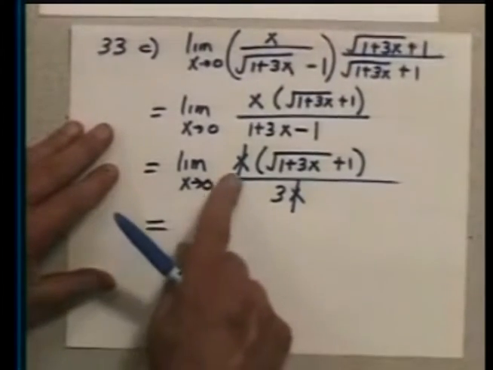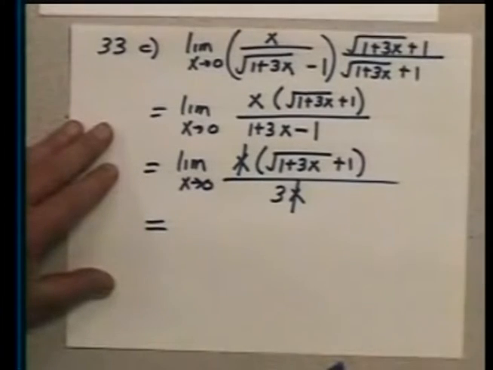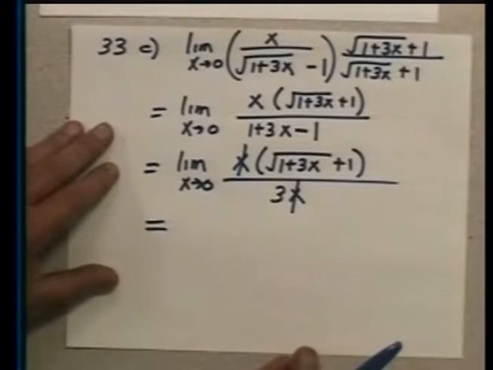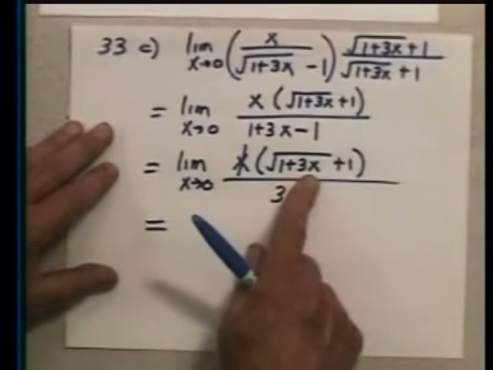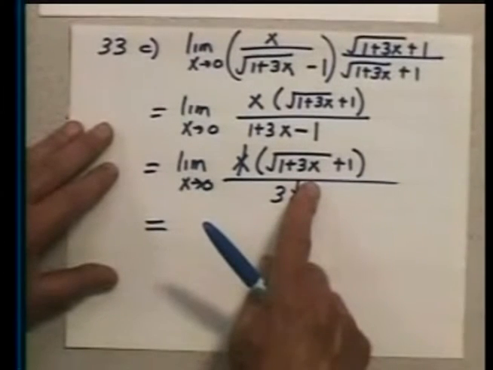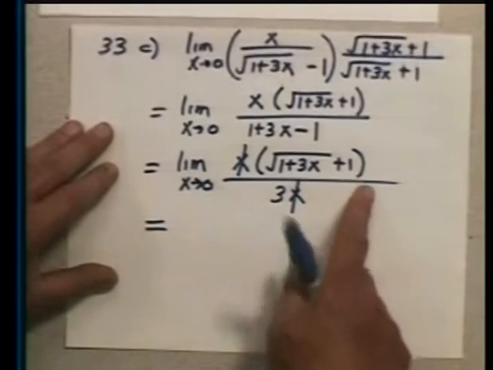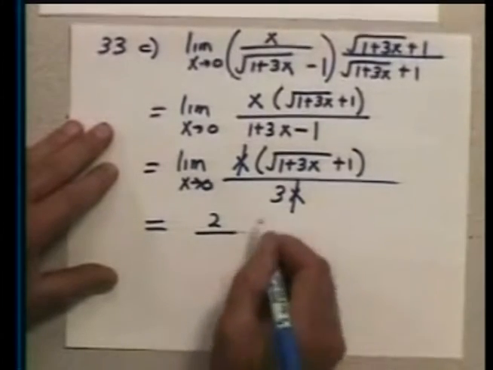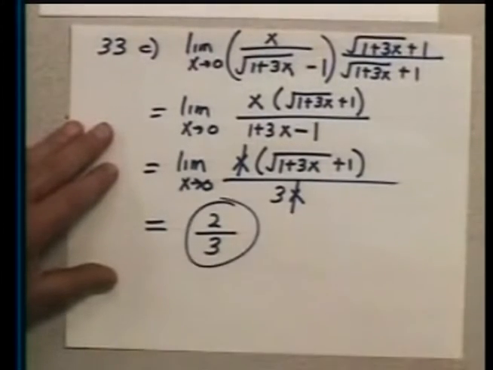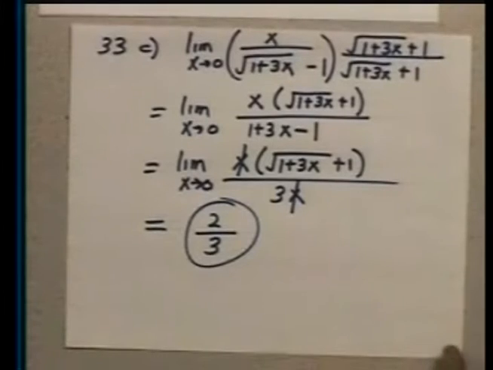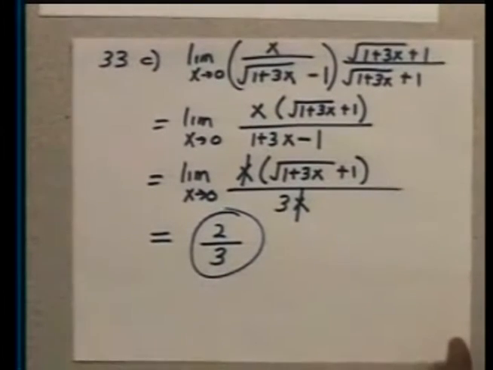If you put 0 in place of every x that remains, what happens on top? Well, you get 1 plus 0, square root of 1 is plus another 1. And the bottom you just have a 3. I think the answer is 2/3. So when you did, especially part B, I hope you're getting 0.6 repeating.